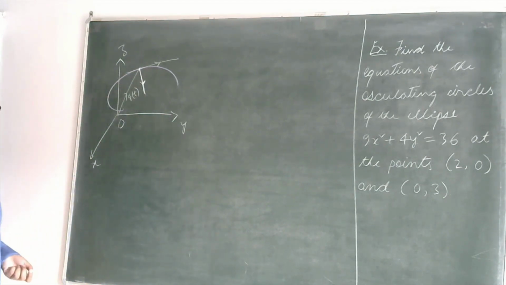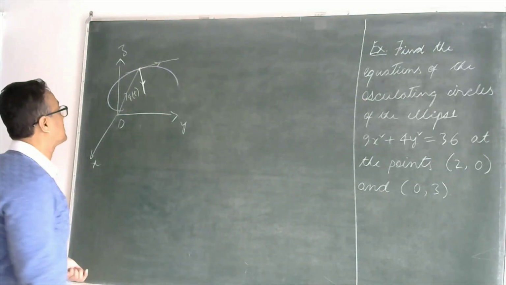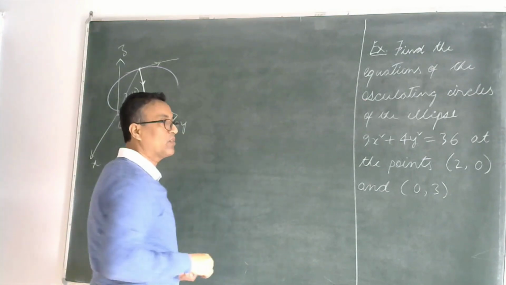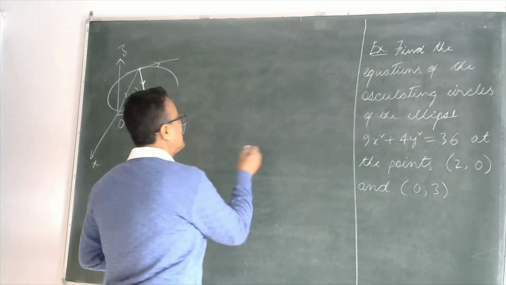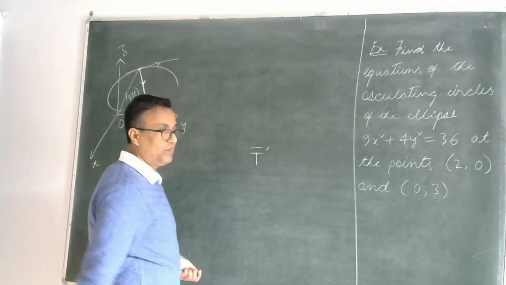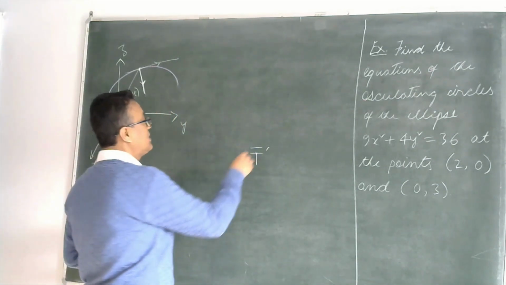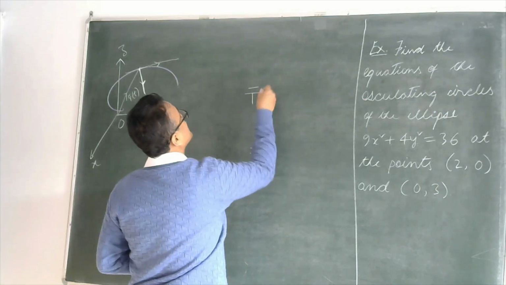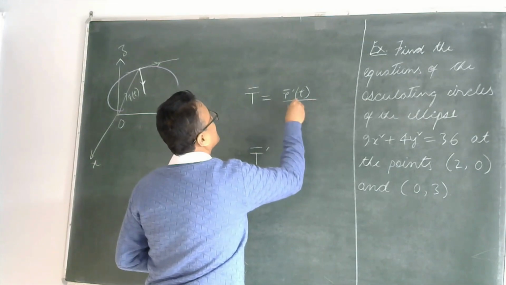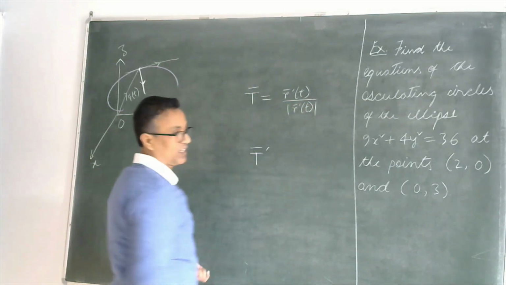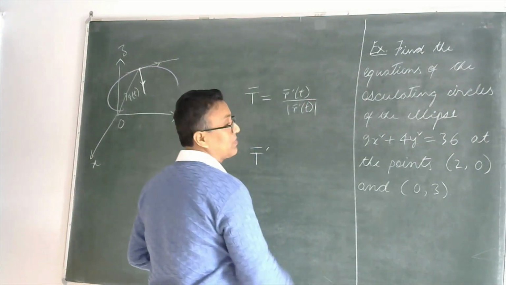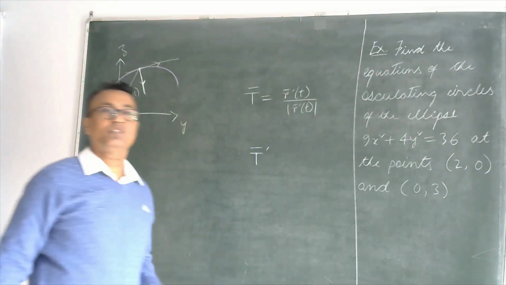I also explained why we choose only this direction: we are going to choose the normal along the direction of the vector T prime, where T is the unit tangent vector given by this expression. Of course, we have to assume that r prime(t) is not equal to the zero vector.